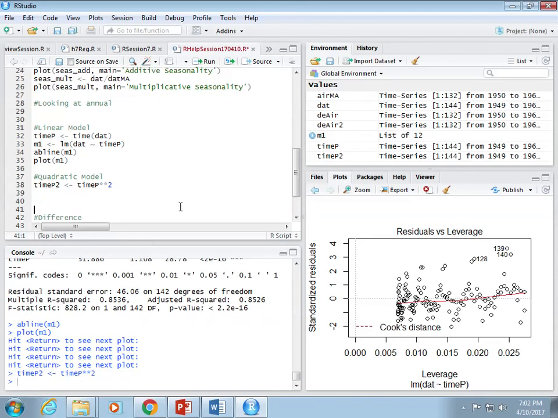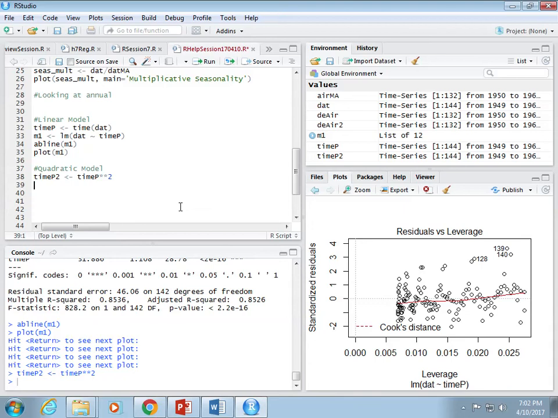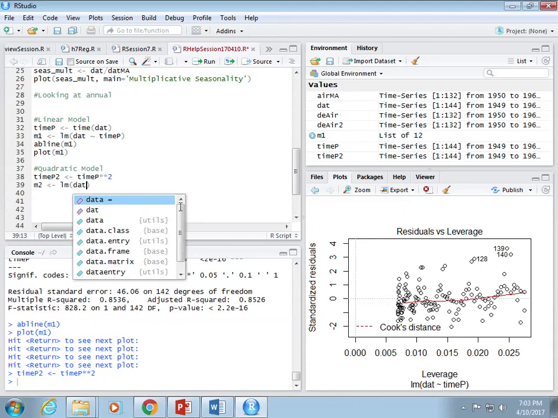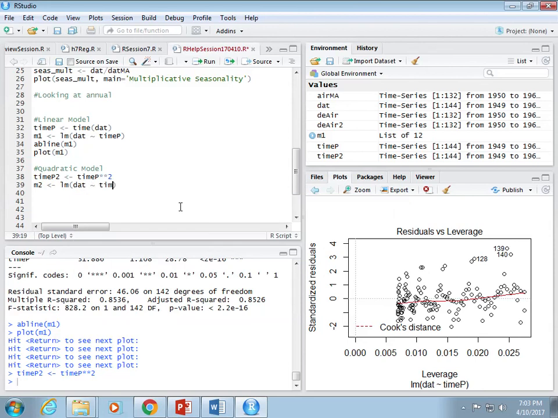And I'm going to call it m2. Do a linear model of that as a function of time p plus time p2. You need both of them. You don't do a quadratic without the linear term in it too.